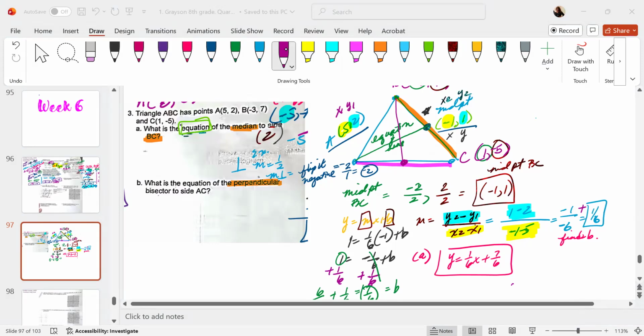So A, what's point A? You need to grab another piece of paper. There's no way you're going to have enough space. Go grab another piece of paper. Midpoint.